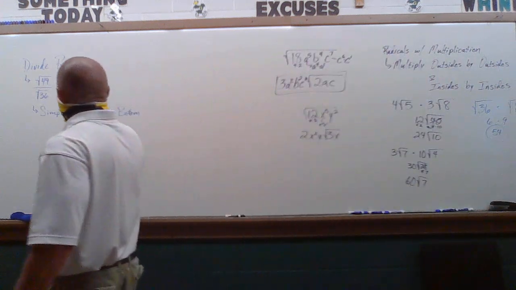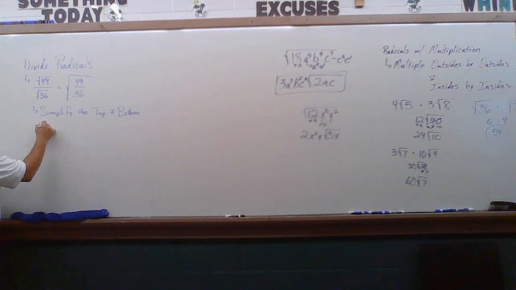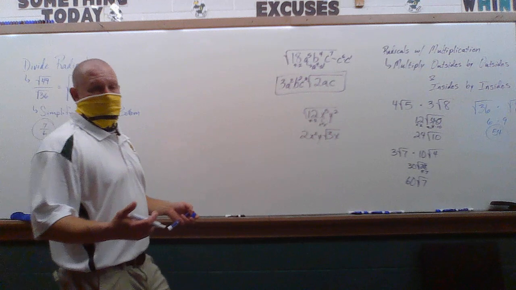So on this one, it's probably better for them to write it this way because I'm breaking them up into their own radical, and then maybe I can tell or see that each of those are what? Perfect squares, right? So I'm just going to simplify. What's the square root of 49? 7. What's the square root of 36? 6, and I'm done. That's it. So I'm trying to make it as simple as I possibly can.